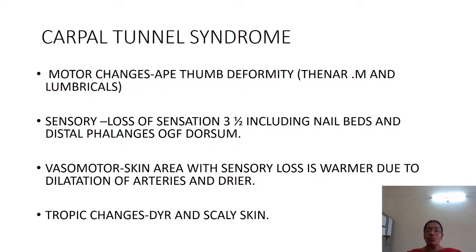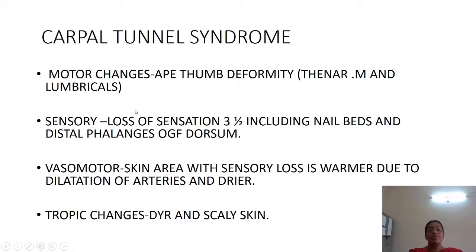So in this syndrome, the symptoms you come across are motor, sensory, vasomotor and trophic. The motor changes include ape thumb deformity. Sensory: loss of sensation of the 3.5 fingers, including the nail bed and the dorsum part of the distal phalanx.